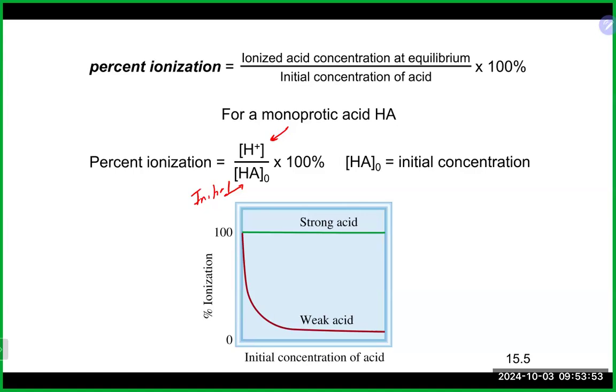The calculation for percent ionization is essentially the same calculation that we do for our check when we make the assumption. When we check it and we divide by the initial concentration, if it's 5% ionized or less, it's all good. If it's more than that, then it's a significant amount of change.